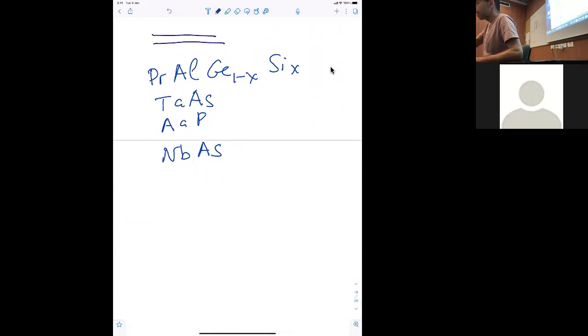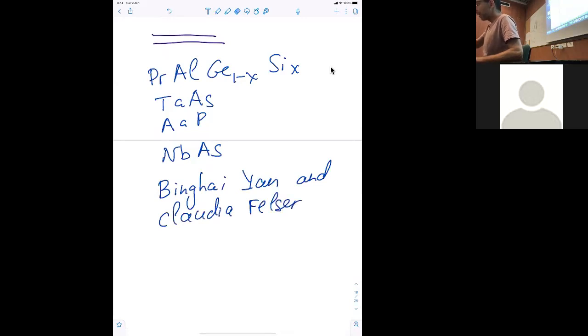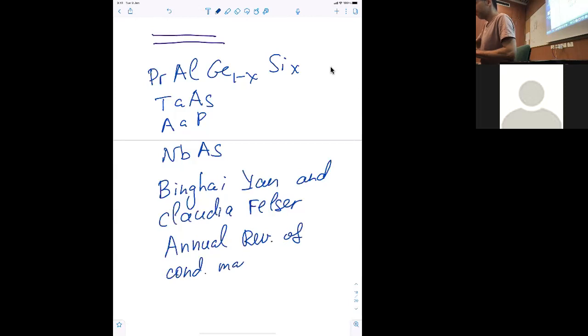And if you want to see the whole list with the details of the spectrum and associated Fermi arcs, there's a very nice review paper by Binghai Yan and Claudia Felser, in Annual Review of Condensed Matter Physics 8, pages 337 to 354.